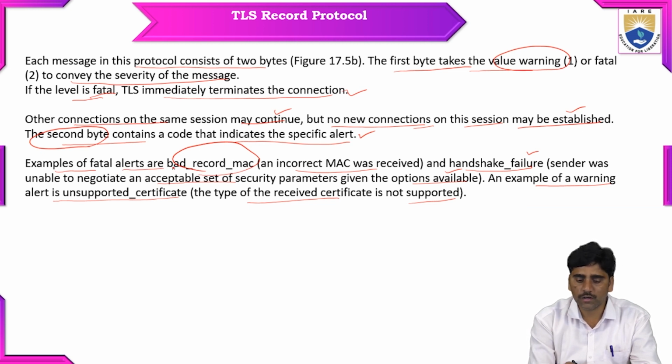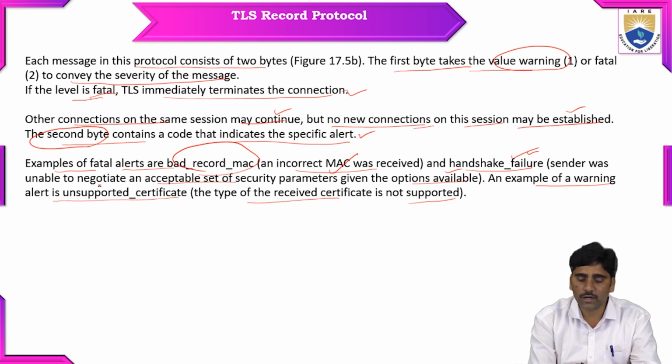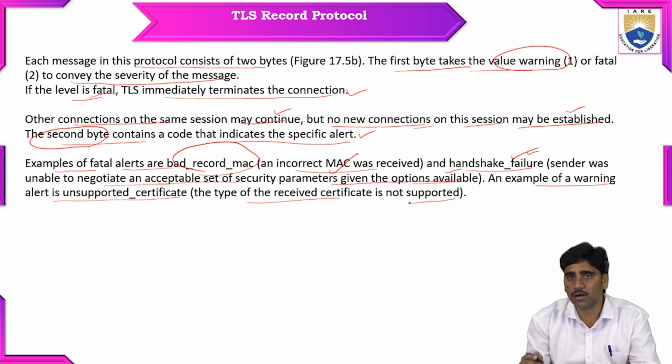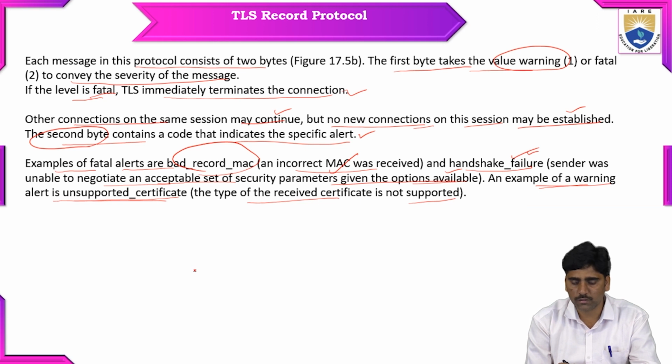Examples of fatal alerts are bad record MAC, which means an incorrect MAC was received, and handshake failure, meaning the sender was unable to negotiate an acceptable set of security parameters given the options available. An example of a warning alert is unsupported certificate.